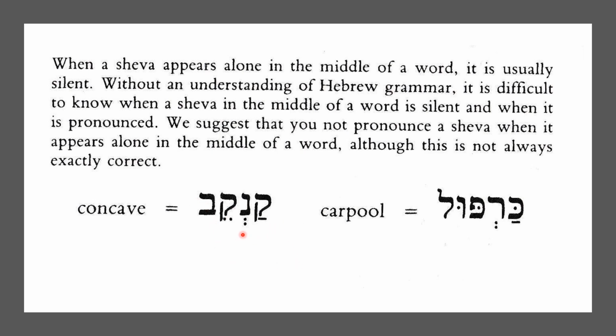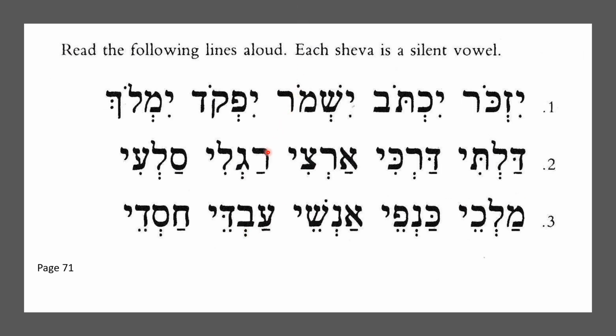With the silent shavas, you would have the number of syllables that you have vowels, not counting the shava, which, again, is too confusing in my mind to think of as a vowel. There's just two syllables here, con and cave. All right, so here each shava is a silent letter.